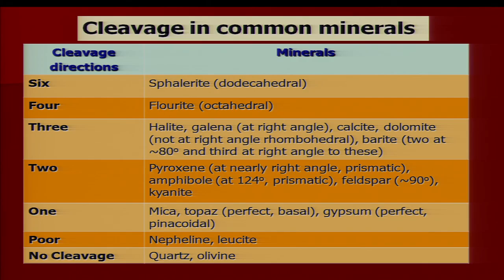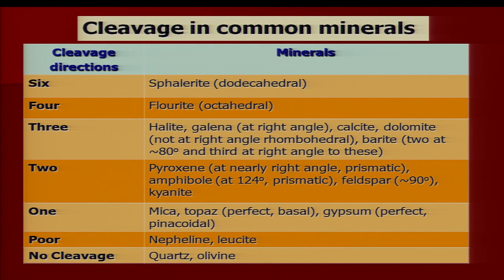Now, cleavage is a very common property in minerals, and it depends upon the direction. Sometimes you have partings or cleavage along 6 directions, 4 directions, 3 directions, 2 directions, 1 direction, or sometimes it is poorly developed, or there is no cleavage developed in the mineral.